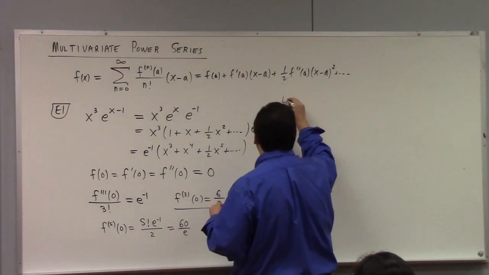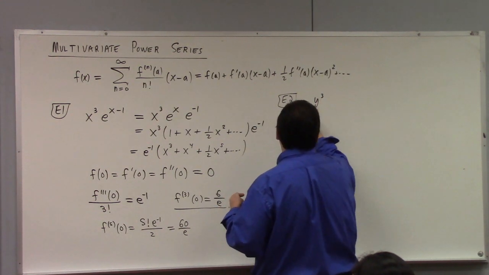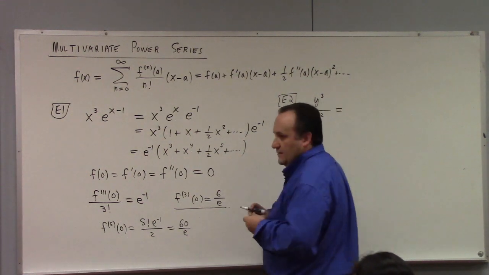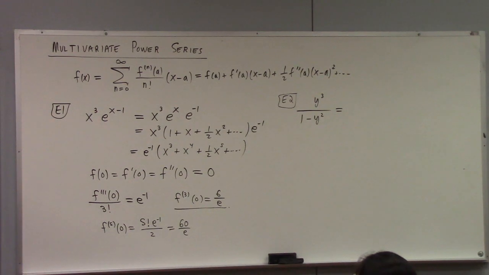Another example, suppose I had y cubed over 1 minus y squared. I wanted to find a power series for this. What would I do? I suppose I'm still looking for the Maclaurin series, the one centered at 0, just to keep things relatively simple.